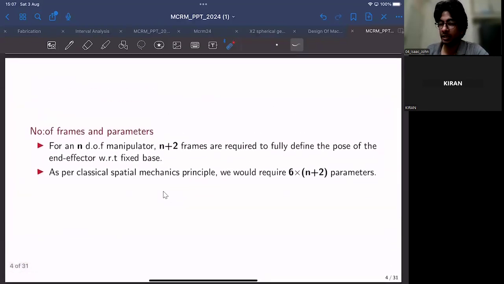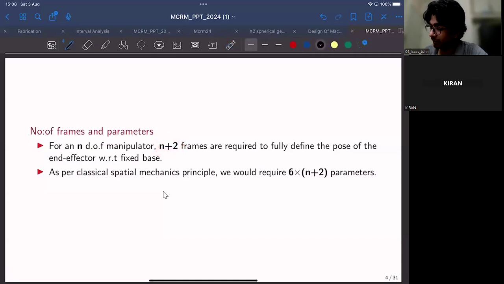And speaking of frames, if you again consider a 2R robotic manipulator or any n degrees of freedom robotic manipulator, once you have assigned frames, if the number of degrees of freedom of the manipulator is n, there will be n plus 2 frames that you are required to attach.